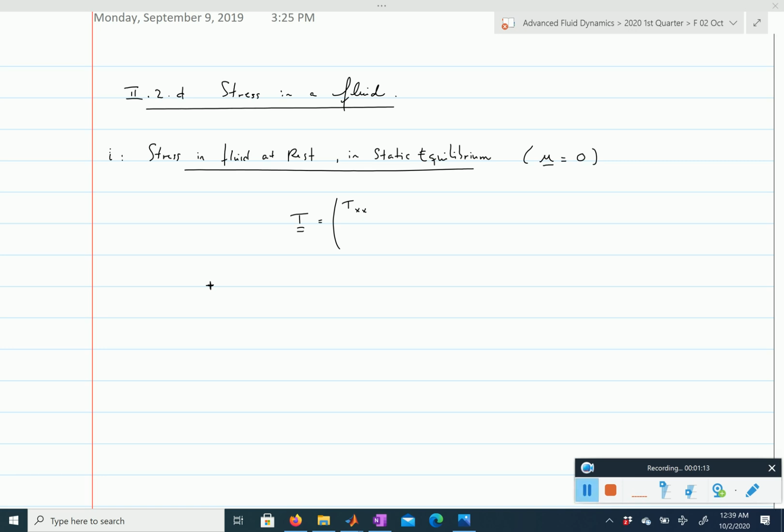So that means that we have two principal stresses, one in the y direction and one in the x direction.